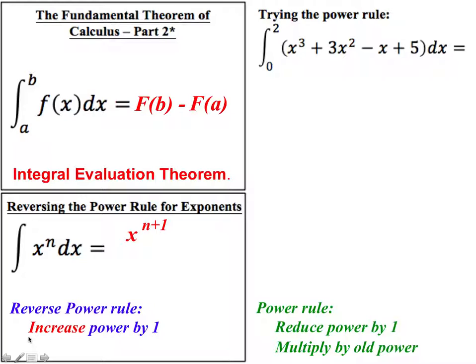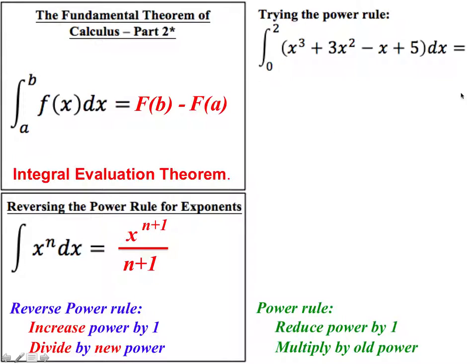That's the exact reversal of our differentiation. And then instead of multiplying by the old power, I'm going to do exactly the opposite. Instead of multiplying, I'm going to divide, and instead of using the old power, I'm going to use the new power. So that's the reversal of the power rule for any term that has an exponent.